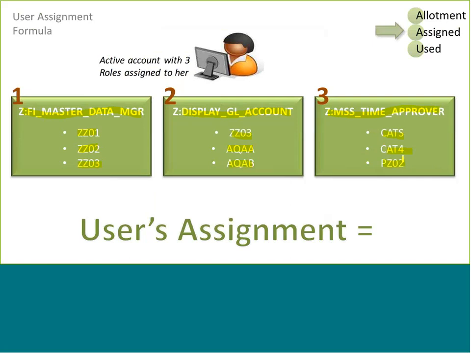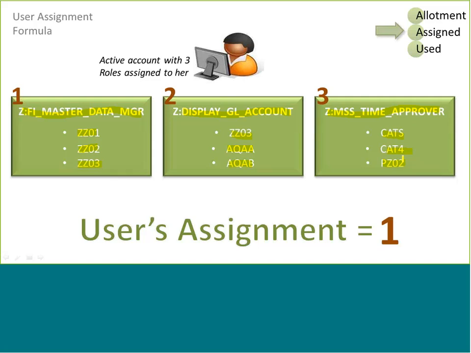So based on these 3 roles, what do you think this account would be appropriately assigned to in terms of a contractual license type? A 1, a full professional. So accounts inherit their most significant role that they're assigned to.